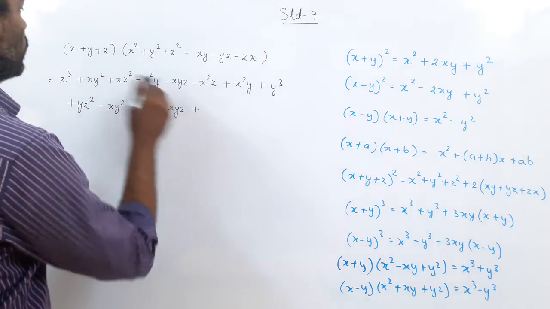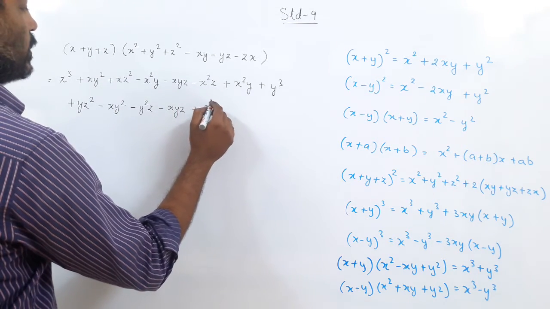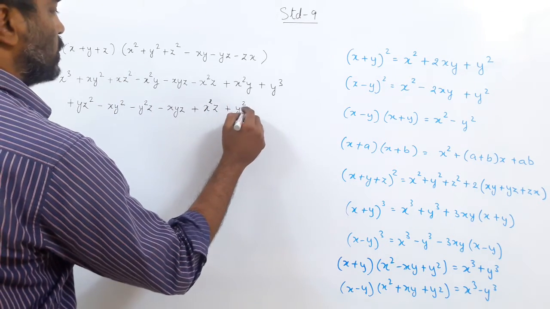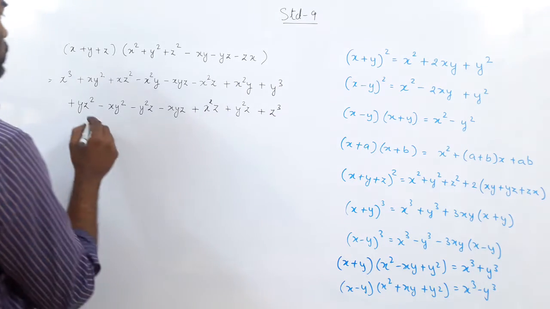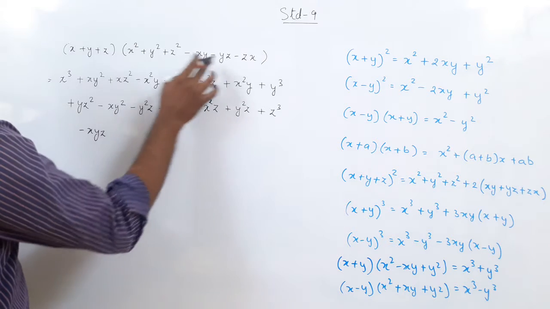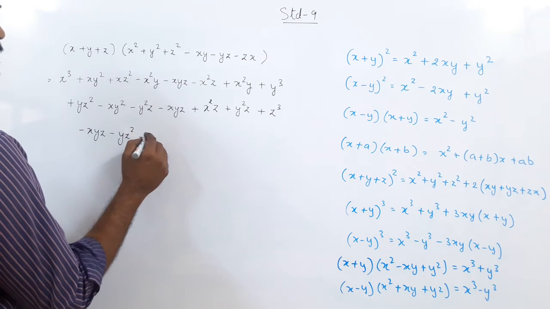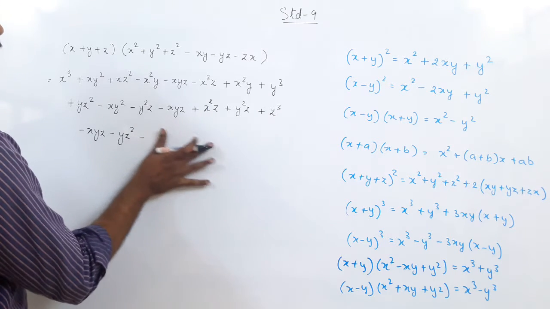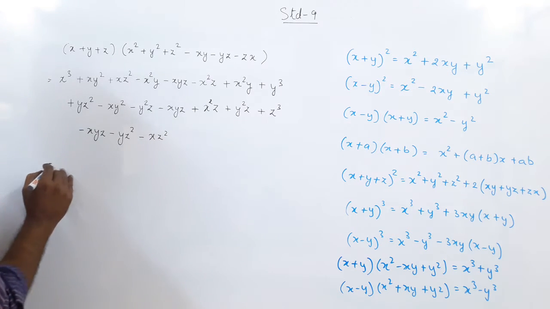Now the third one, z into x square, z into y square, and plus z cube, minus xyz, minus yz square, minus z square x. So I write it as xz square. So this is what I have got.